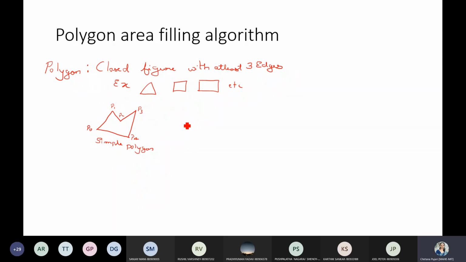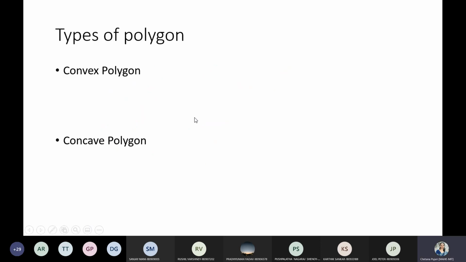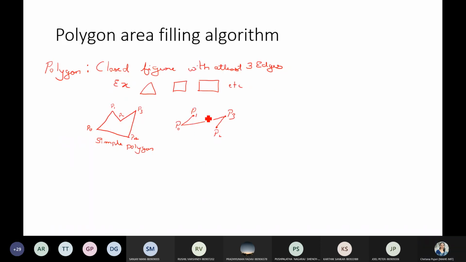Same thing, say for example, I have things like this. So we have 4 points. Let's say we join P0, P1, and there is an edge from P0 to P3 and P3 to P2. And because we want to make it closed, there is an edge from P1 to P3.